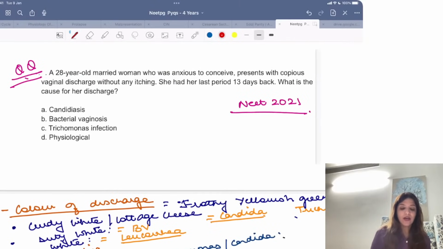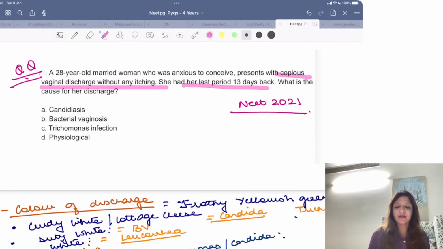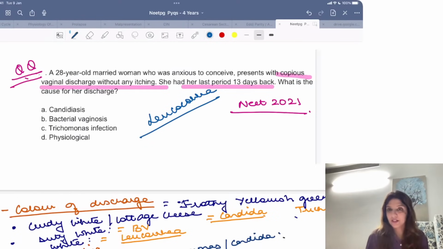Then next question. A 28-year-old married woman was anxious to conceive. She presents with copious vaginal discharge without any itching. She had her periods 13 days back. What is the cause of her discharge? Please remember, there are three very important characteristics of leukorrhea. That is physiological discharge.